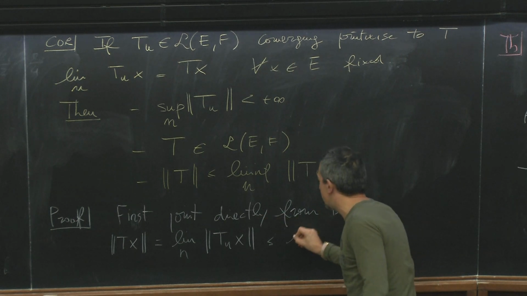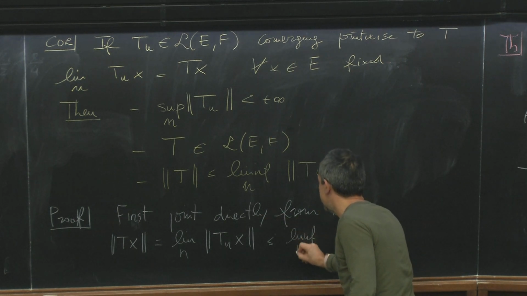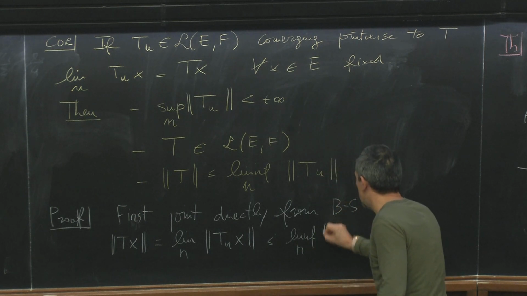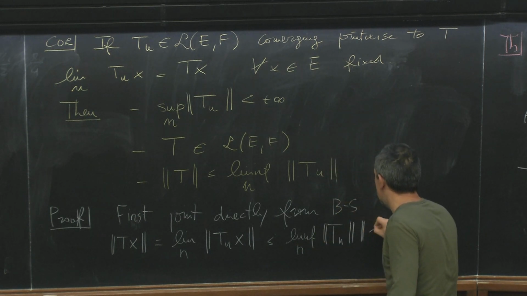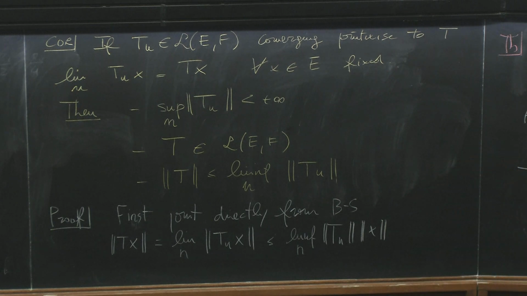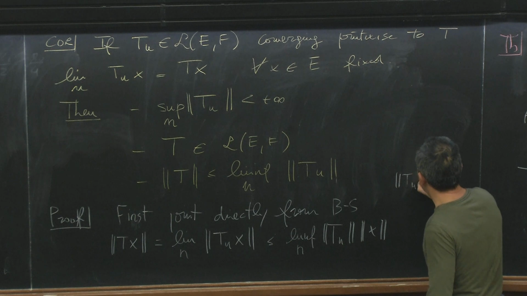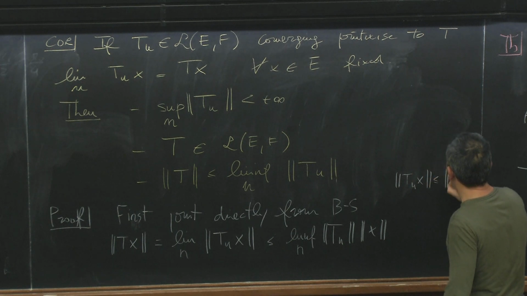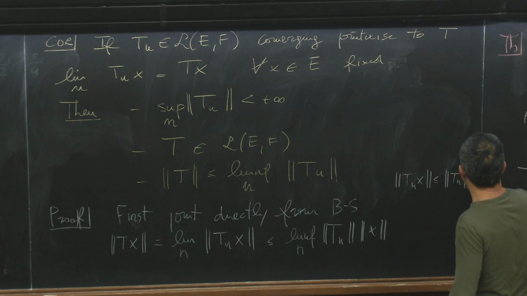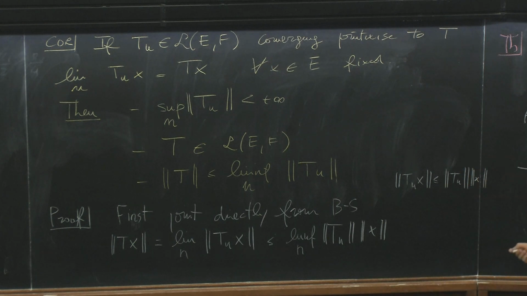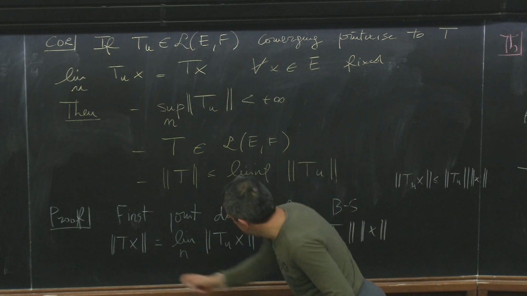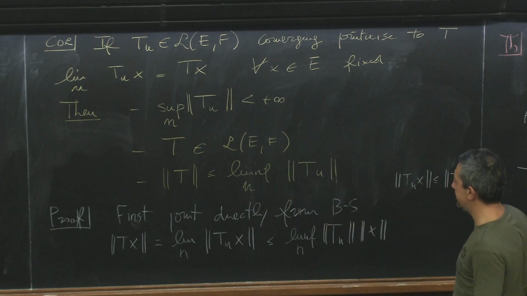Now, since I do the inequality, I shall put lim-inf. This is because norm of T_n x is less or equal than norm of T_n times norm of x. So if I take the lim-inf on both sides, this guy converges to this guy, and then I'm left with this guy.